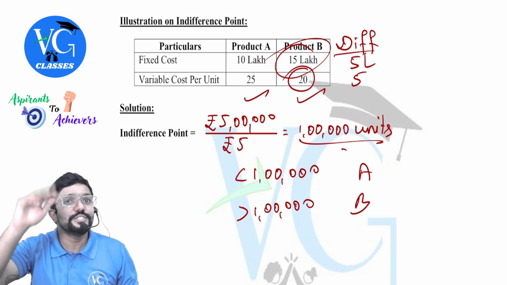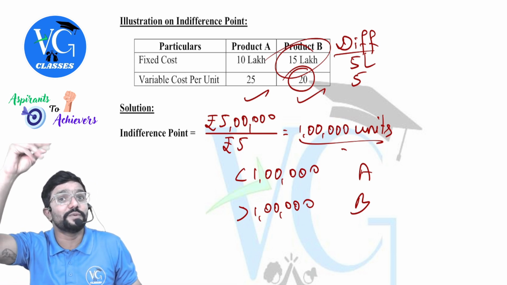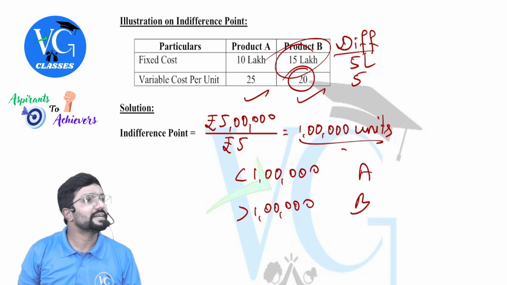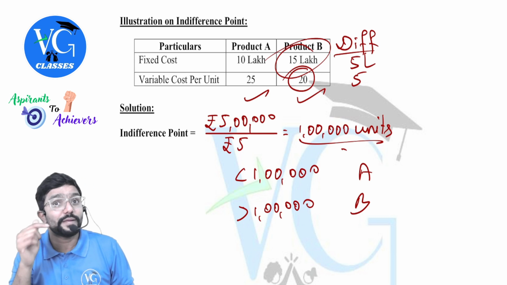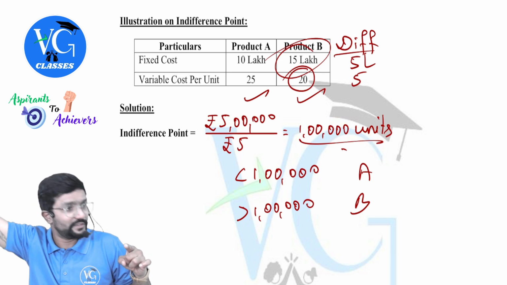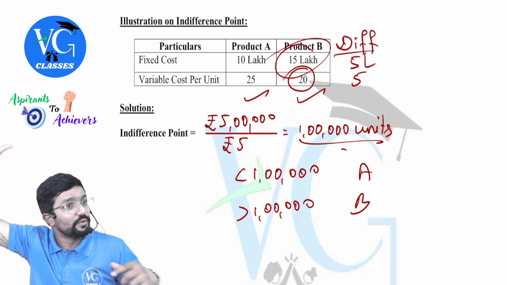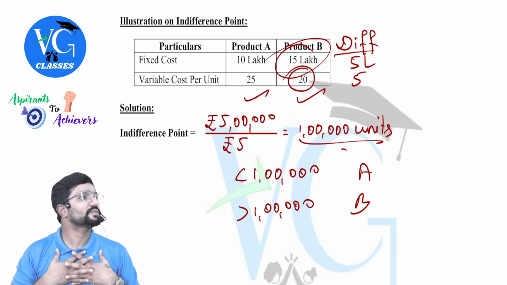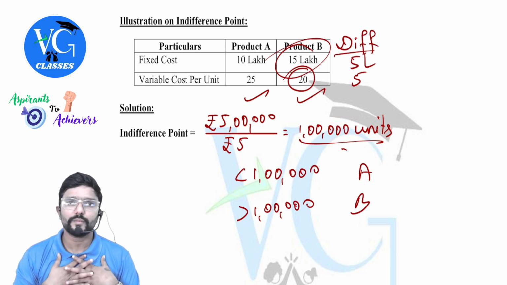As you produce more and more units, fixed cost per unit will keep on decreasing. And variable cost per unit I am trying to keep less, because I will produce more units, 1 lakh 50, 2 lakh, 3 lakh like that. So with variable cost per unit being less, my total also will drop down.